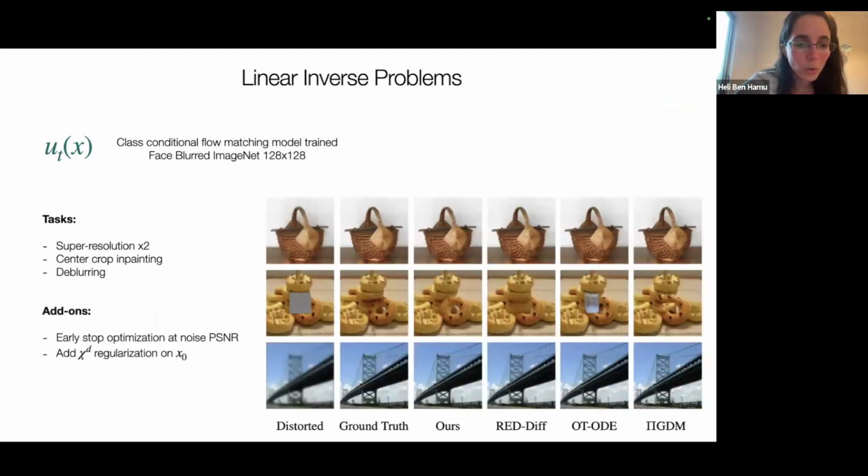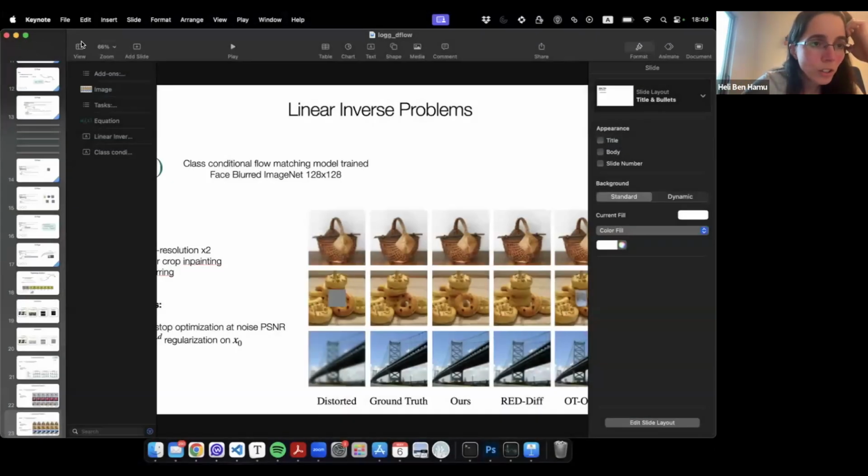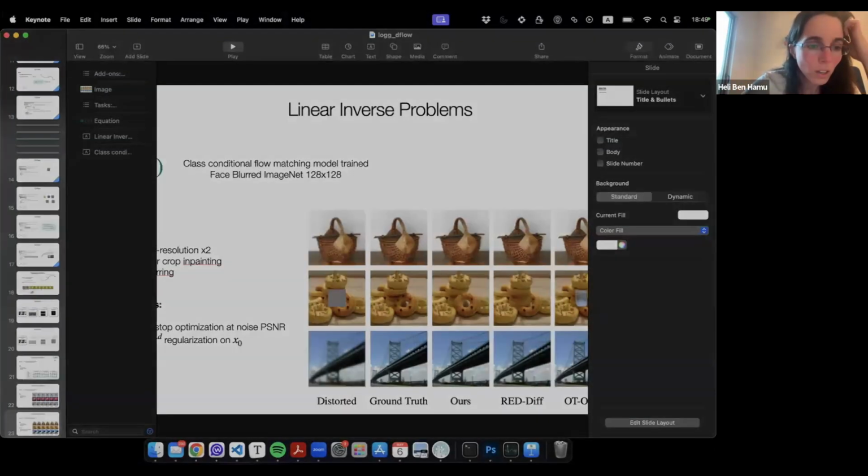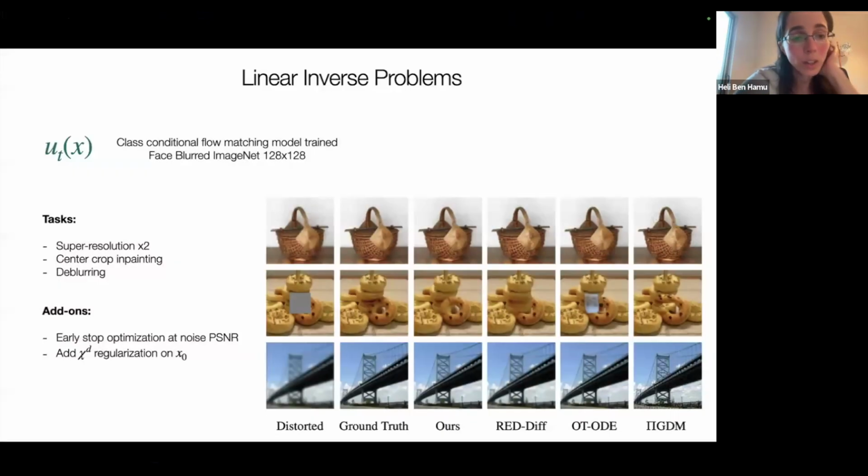We also tried it for the noisy case, where we modified our method a bit. We did need to add some regularization. One thing that really helped here was to early stop the optimization at the noise PSNR, because if we let our optimization go without stopping, it would also fit the noise.